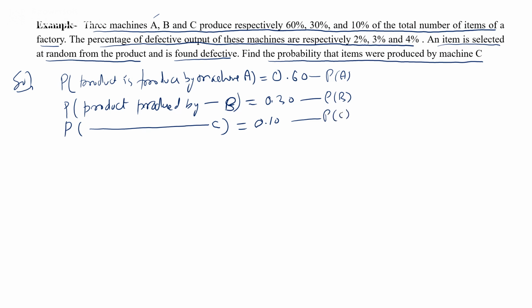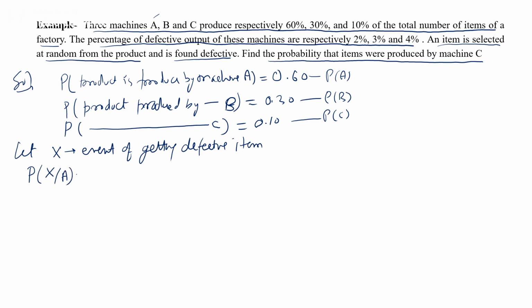Now again, let us suppose capital X is the event of getting a defective item. Now we are given the probability of X given that it is produced by A is 2%, that is 0.02.